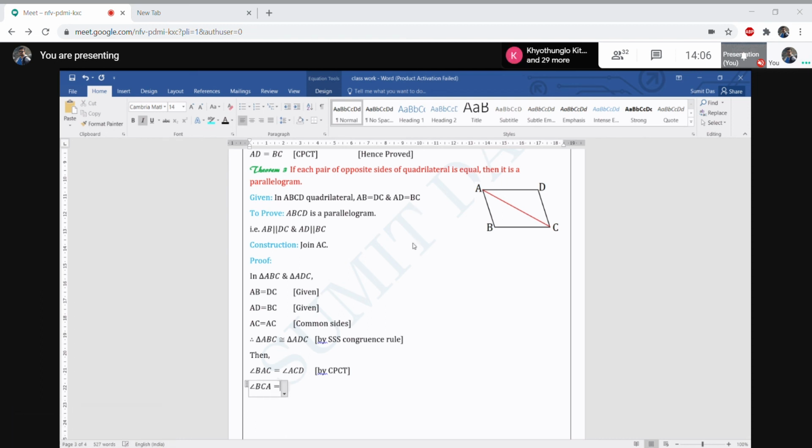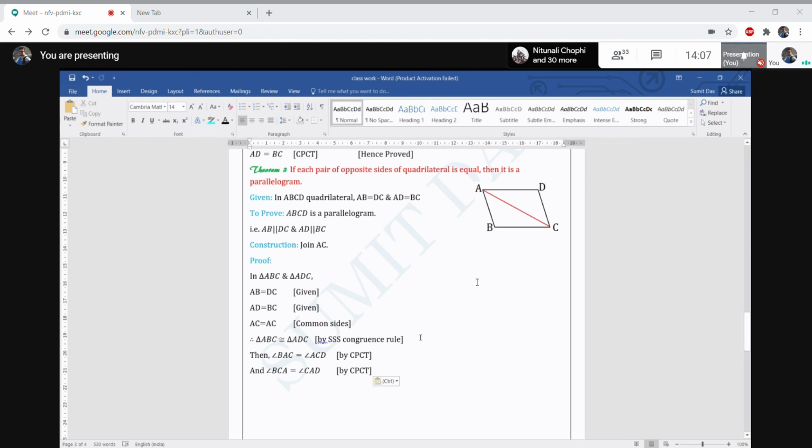Angle BCA equal to angle CAD. This is also by CPCT.